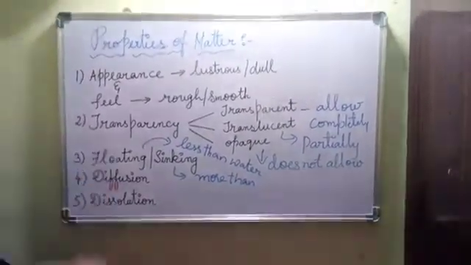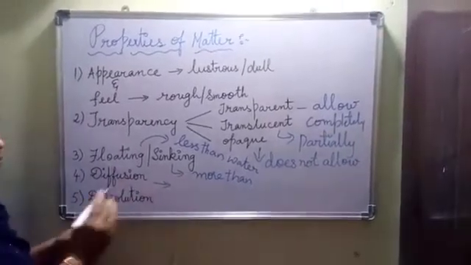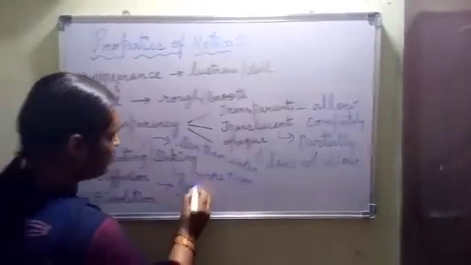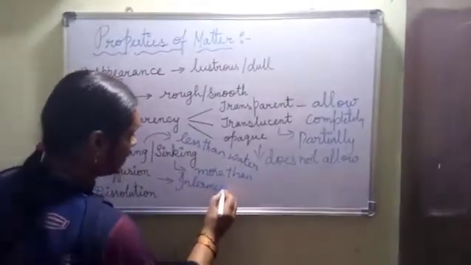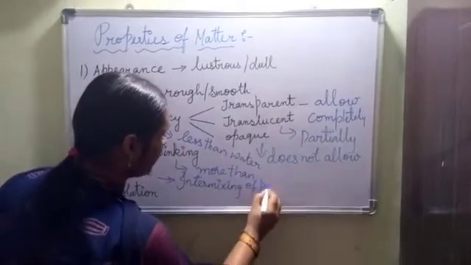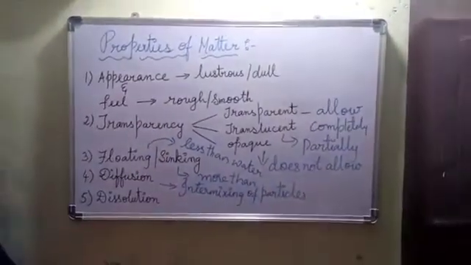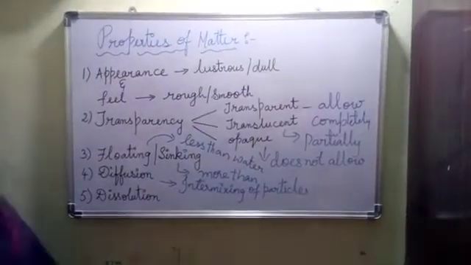Now let us go to the next property, that is diffusion. What is diffusion? Intermixing of particles on their own is called diffusion. I will show you this very clearly. Diffusion takes place in gases easily.